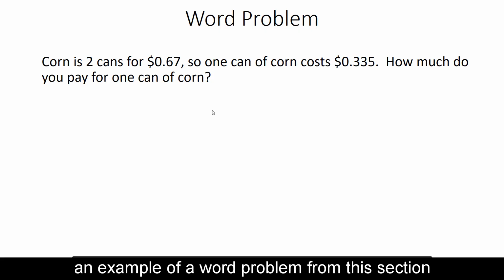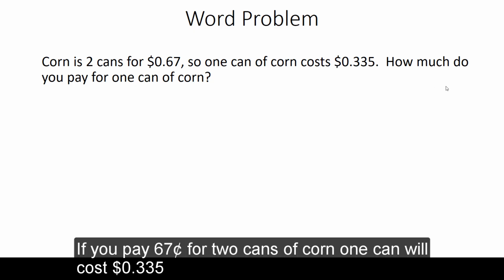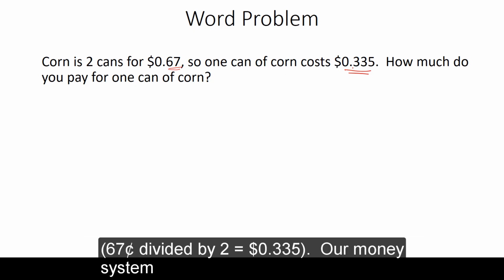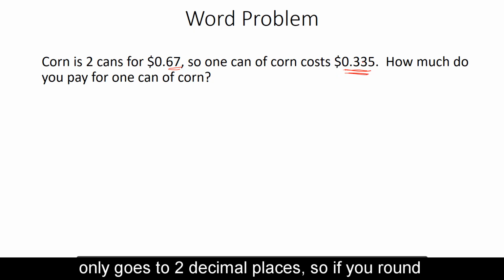Here's an example of a word problem from this section. If you're paying 67 cents for 2 cans of corn, then they tell you that 1 can would cost this much, and they have already done the math for you. 67 cents divided by 2 is going to be this value right here. Our money system is assumed to round to the nearest penny, since it only goes to 2 decimal places.